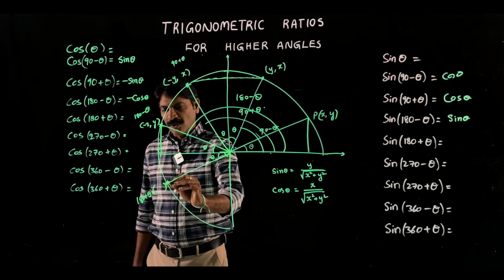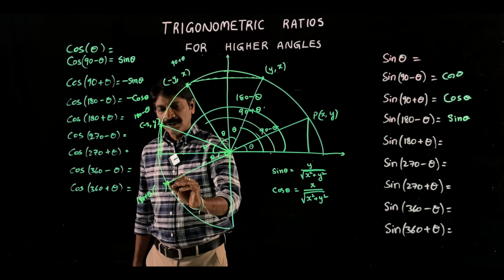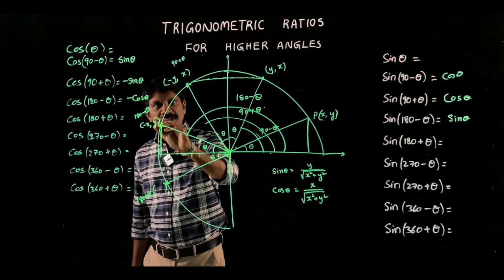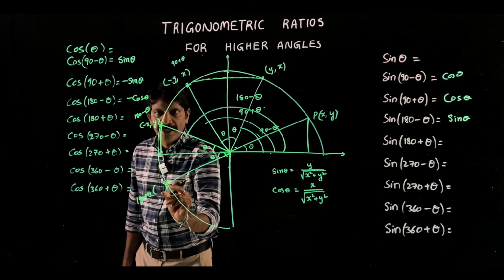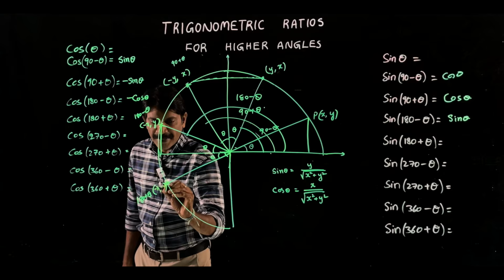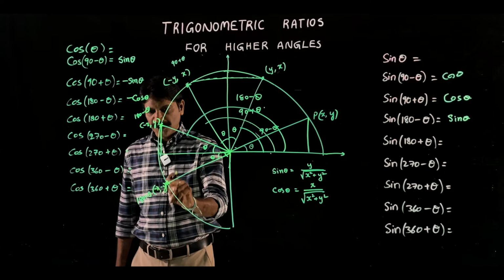Now let us find out the coordinates of this point for 180 plus theta. This point is nothing but the image of this point. This is in the second quadrant, minus x comma y. So in the third quadrant, the image will be minus x comma minus y, the coordinates for this point.